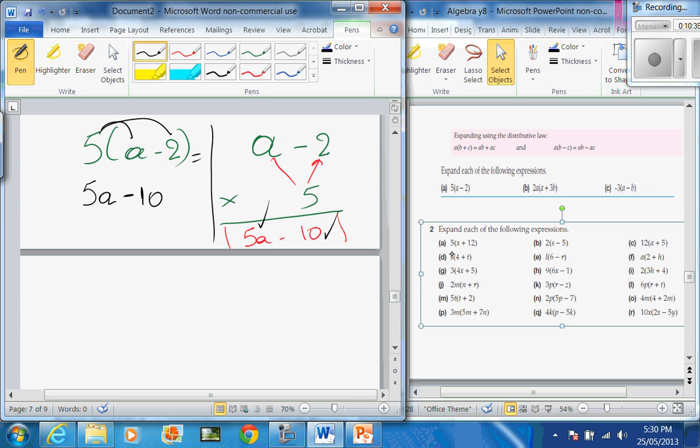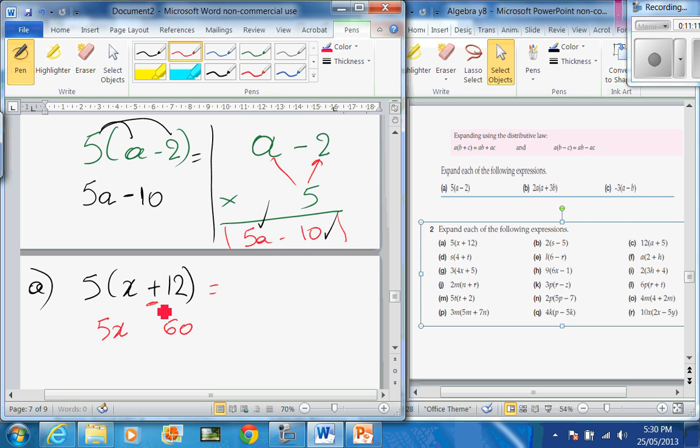Let me give you another example, and I'll go to the next one. It reads 5 times (x plus 12). So 5 times x equals 5x. 5 times 12, we need a calculator. 60 for those who don't need it. And what's the sign between them? Plus. Can I evaluate? Can I give a value here?